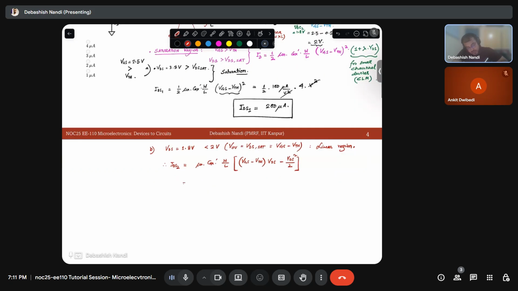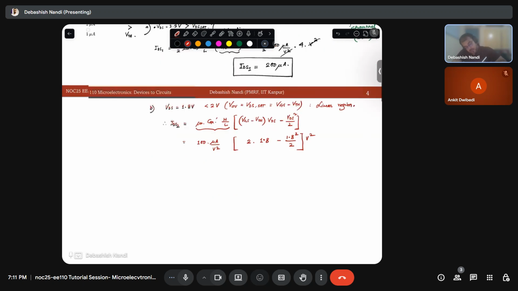This quantity is already given, 100 microampere per volt square. VGS minus VTH is 2 volt, we know. And then 1.8 minus 1.8 square divided by 2. Let us take 2 common outside, 200.